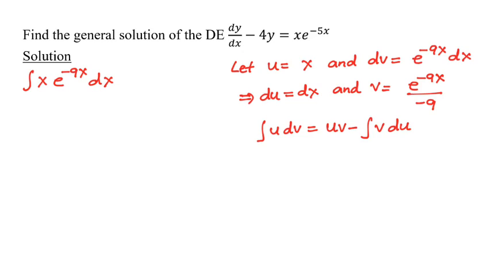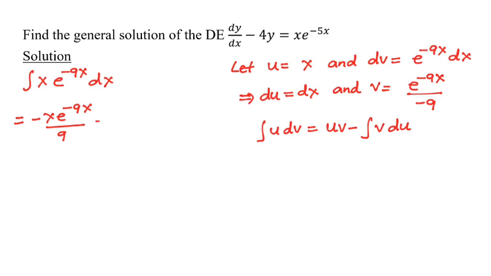So if we use that over here, we get uv, u is x, and v is e to the negative 9x over negative 9. So it will be negative x e to the negative 9x over negative 9. So negative is already written here, so positive 9 you can write that way.